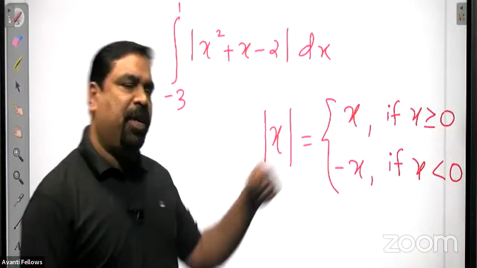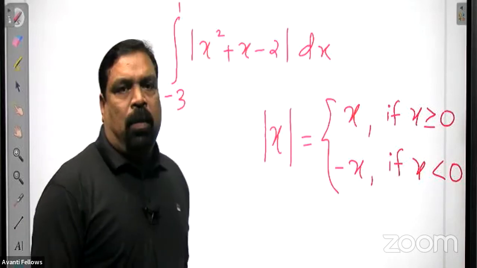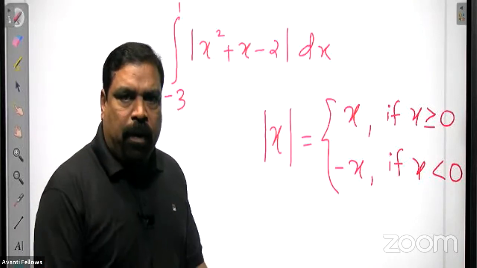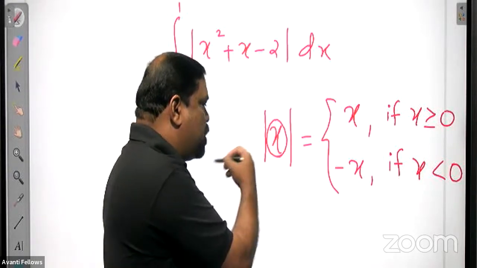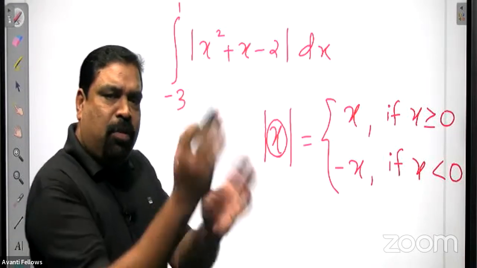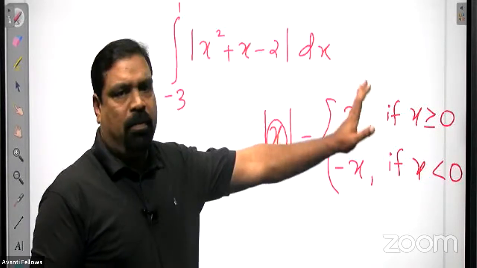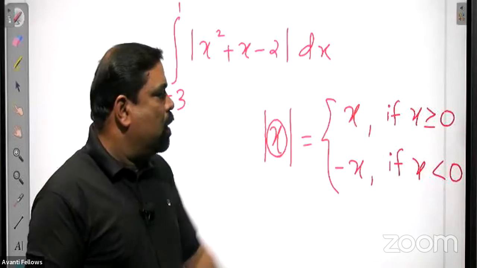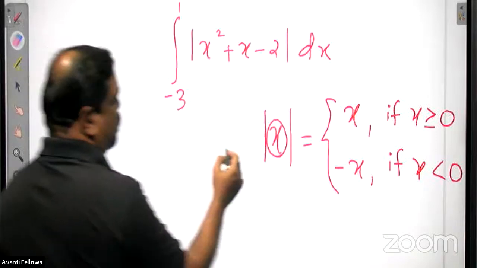This definition we have to apply whenever mod of some function comes. Inside this mod, whenever the expression is negative, you have to take the negative of that, and whenever it is positive, the same. So the same idea we have to apply here also.